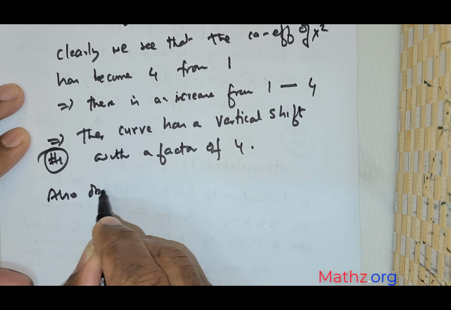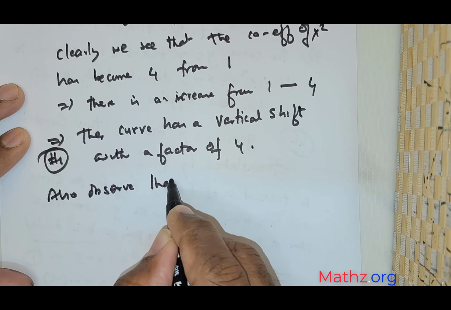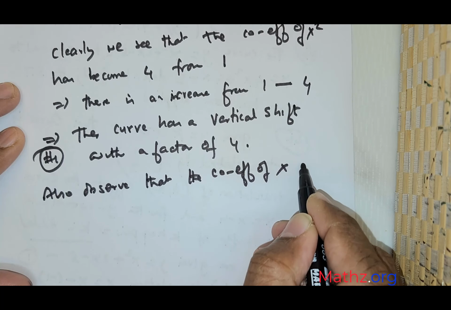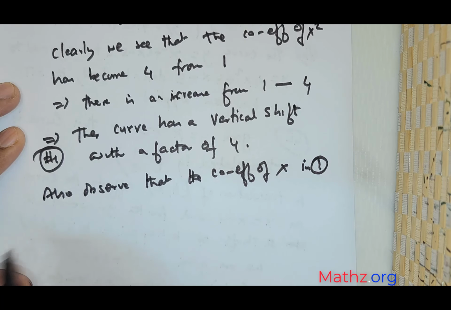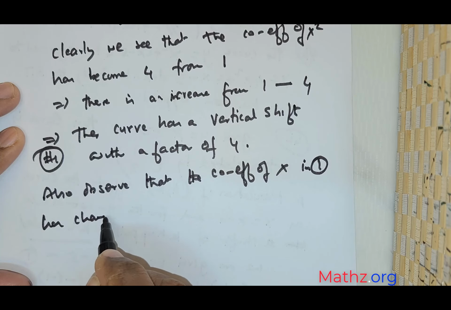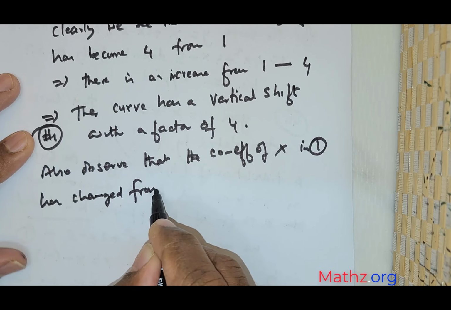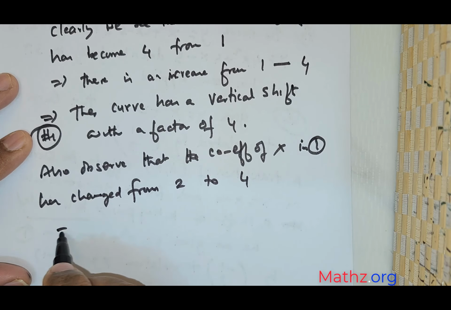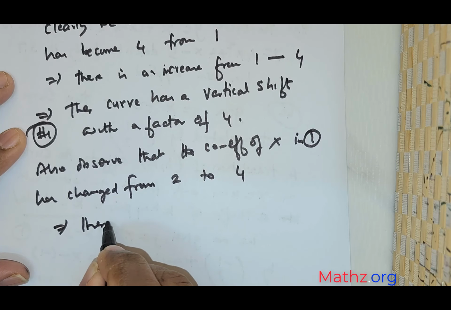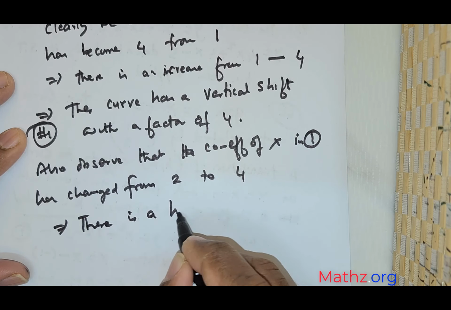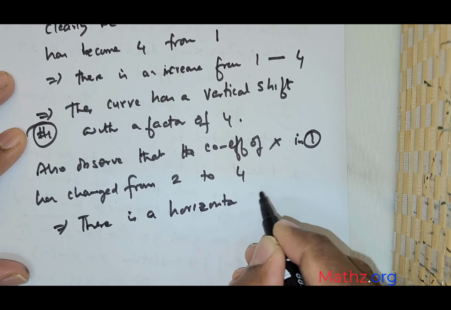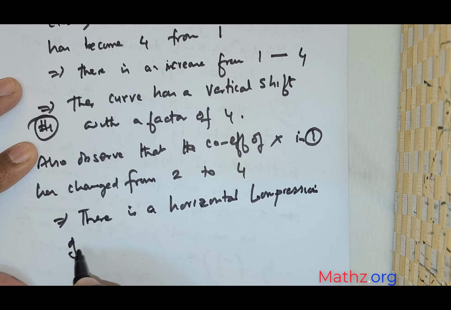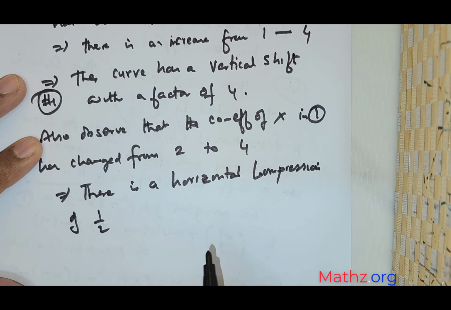Also, we observe that the coefficient of x in 1 has changed from 2 to 4. So this would mean there is a horizontal compression of 1 over 2.